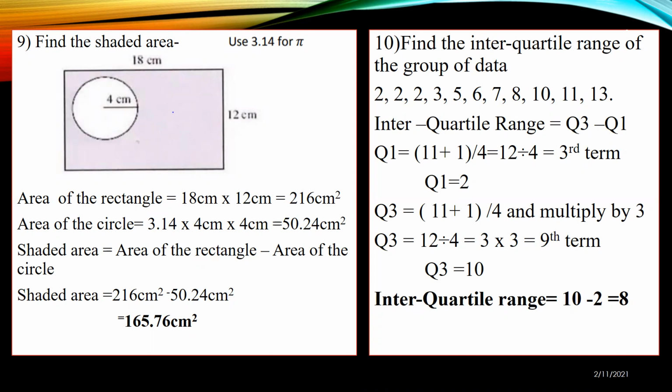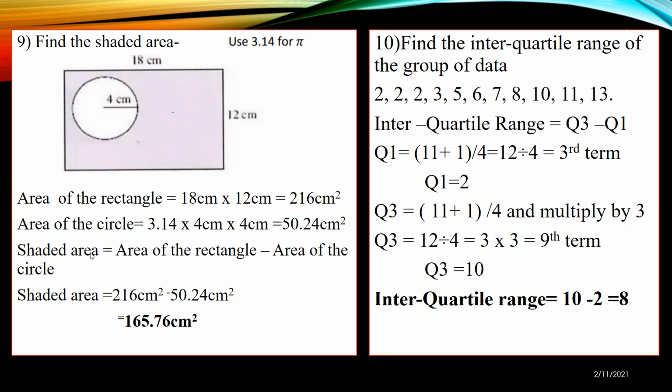Here I have asked you to use pi as 3.14. But sometimes in the exam, they don't mention. So when they don't mention, you can take pi as 22/7. Or in some places, you can use pi as 3.142. So here you can take pi as 3.14. Then the area of the circle is pi r squared, so 3.14 into 4 centimeters into 4 centimeters, which is 50.24 square centimeters.